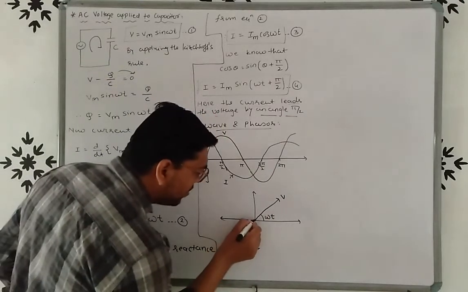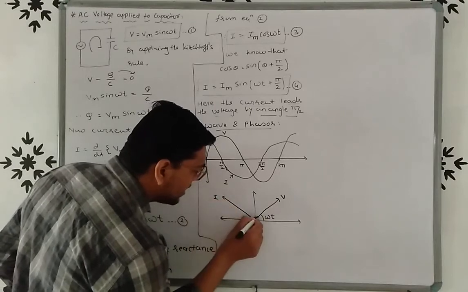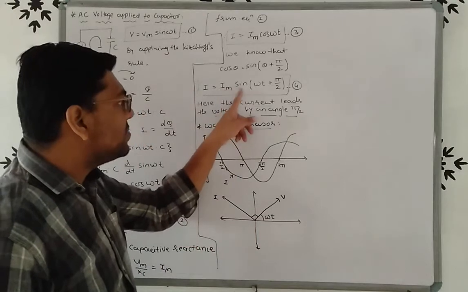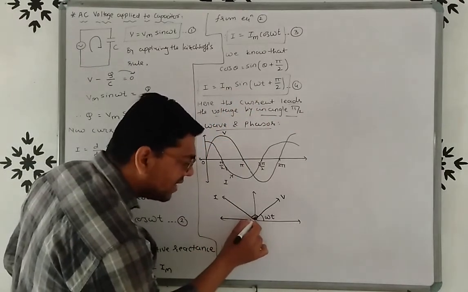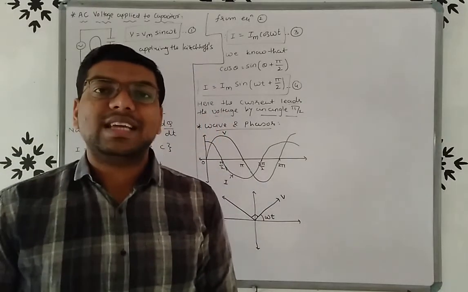So here we have to draw the phasor of current like this. See, this angle is 90. Now see, I = Im sin(omega t + pi by 2). See, this omega t and this angle pi by 2. So this is the phasor of voltage and current.